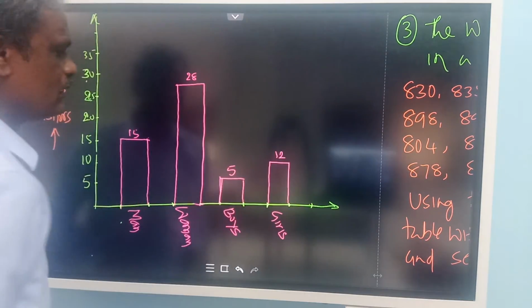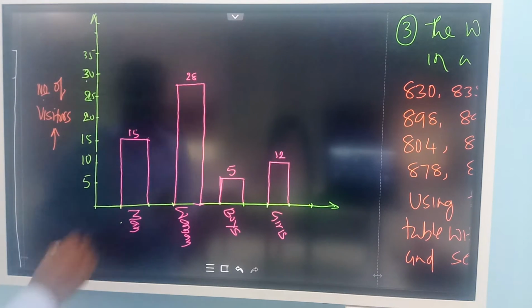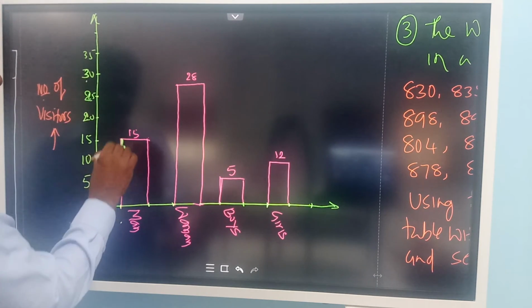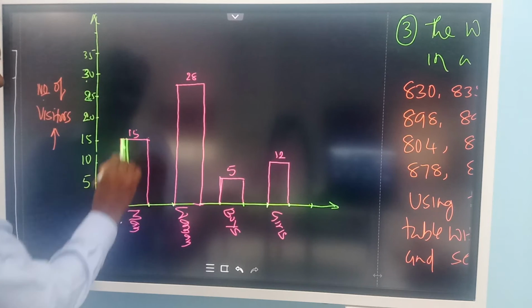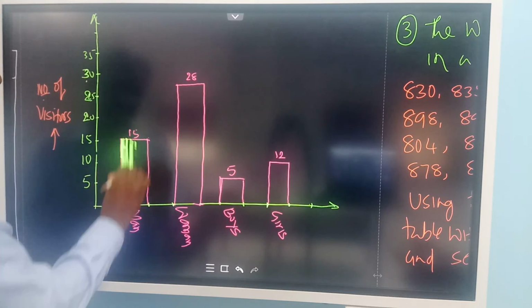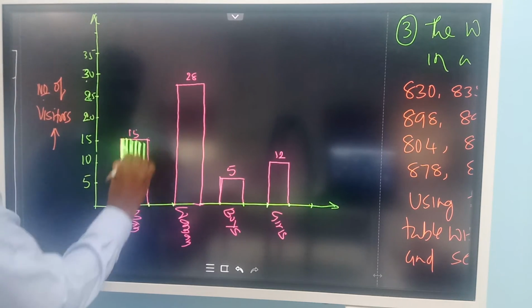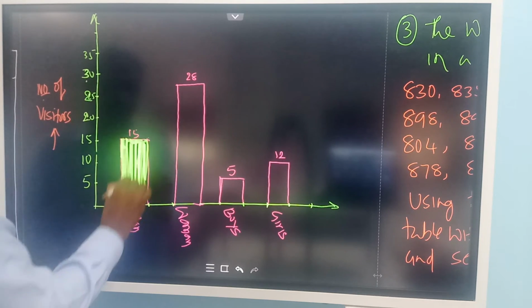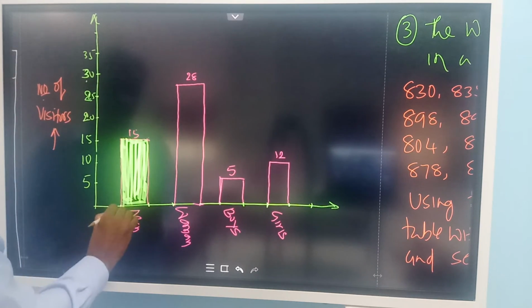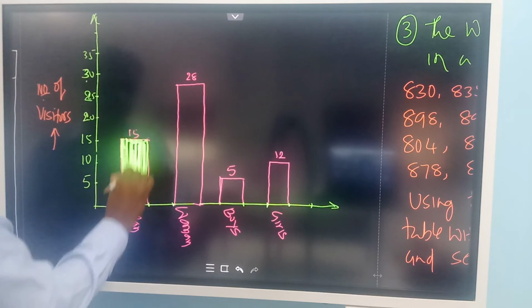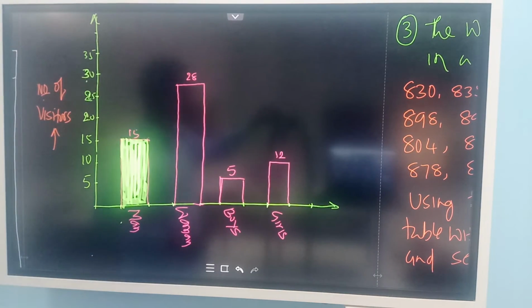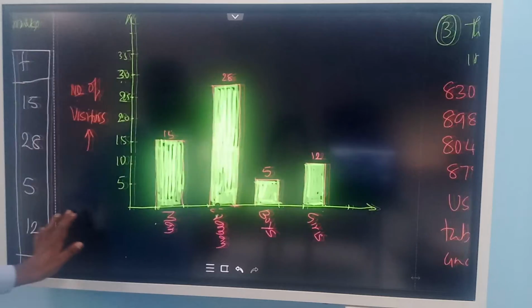This is 5. So this is the bar graph. You can shade this if necessary. Bar graph of that data.